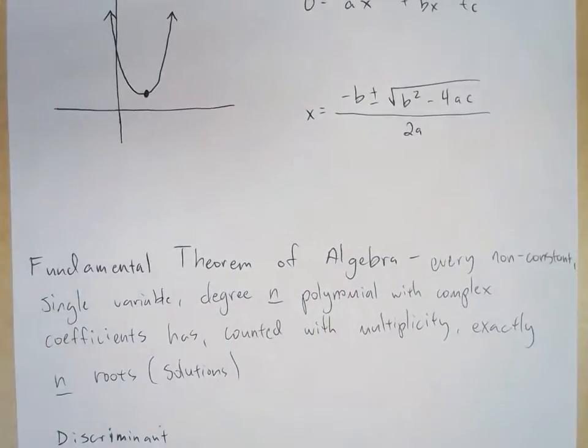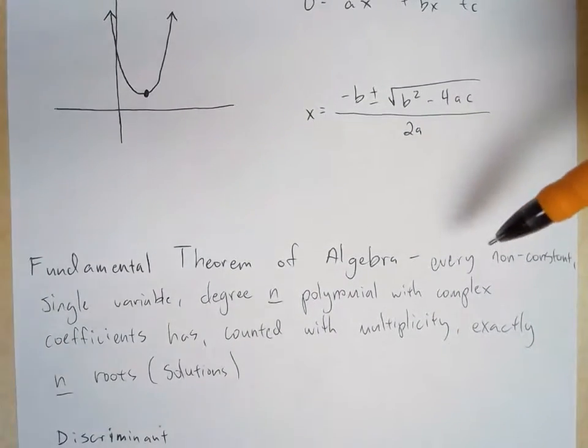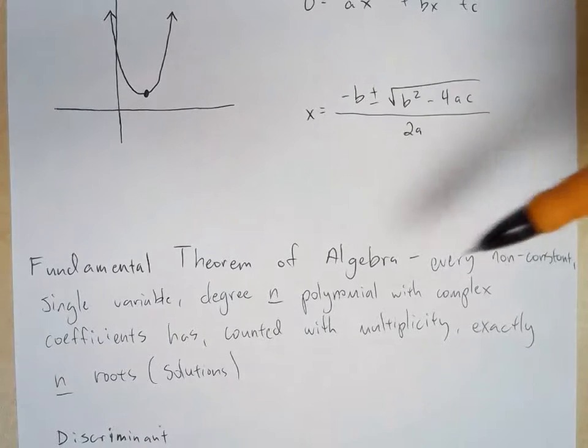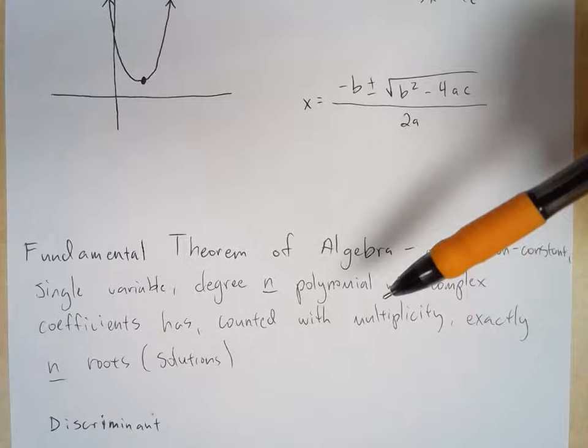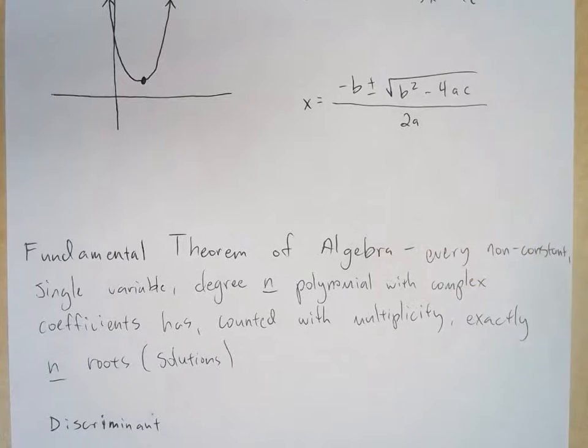Underline this, and this is going to show up several times, polynomial. Alright, so I'm just going to read this again: every non-constant, single variable, degree n polynomial with complex coefficients has, counted with multiplicity, exactly n roots.